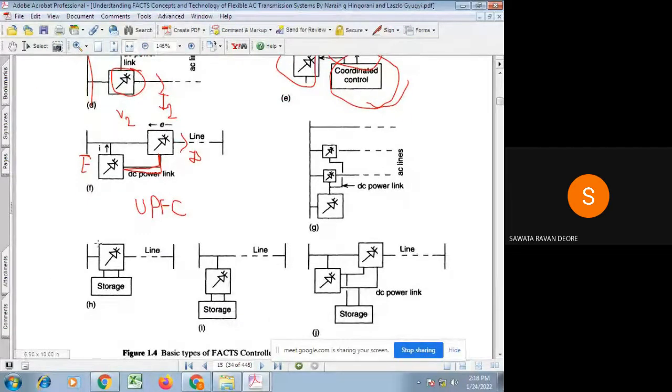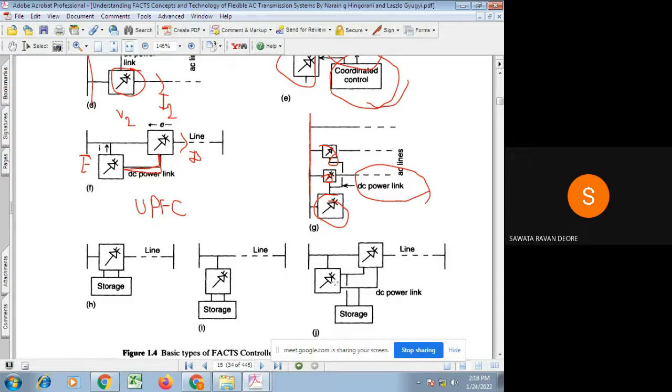Obviously, this combination is possible not only with two FACTS controllers. If the bus bar has multiple transmission lines provided with series FACTS controllers, and this bus bar is provided with a shunt FACTS controller, and all the FACTS controllers' DC sides are commonly connected by a common DC bus, then we can call it an example of an extended series shunt controller.